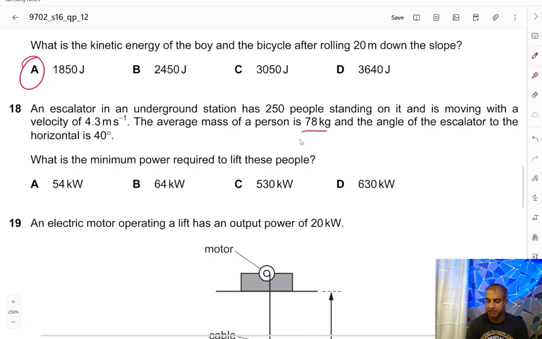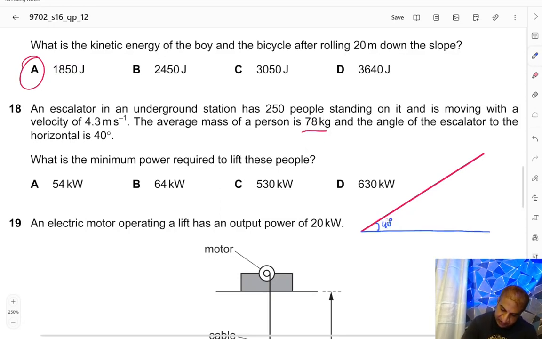Okay. The minimum power. We'll have to draw another diagram like this. Let's say this is the horizontal, and the angle is 40 degrees. And we have 250 people. I'm just going to represent it by a solid sphere, which represents the 250 people. The total weight downward is actually 250 multiplied by 78 multiplied by 9.81.